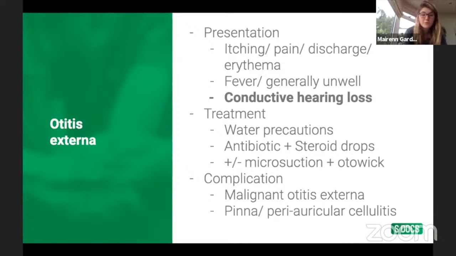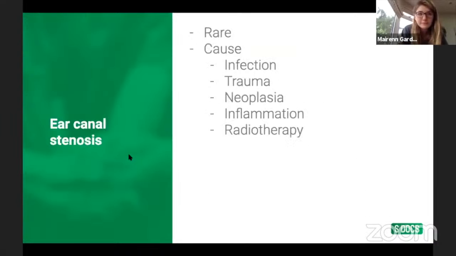So it's really quite important. These patients might also get pinna or periauricular cellulitis. Cellulitis will affect the whole ear, including the earlobe, which is quite important to remember. And again, these patients will just need to be given some antibiotics.